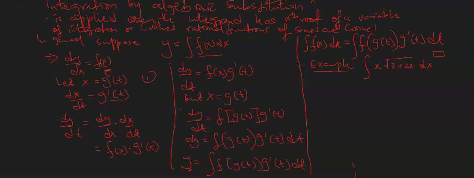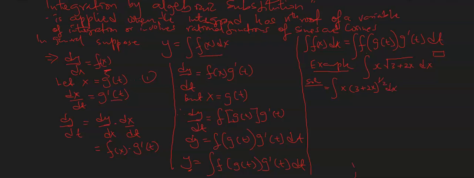The integrand is 3 plus 2x raised to power a half. The nth root here is the second root. So you can also write it as the integral of x times 3 plus 2x raised to power half with respect to x.